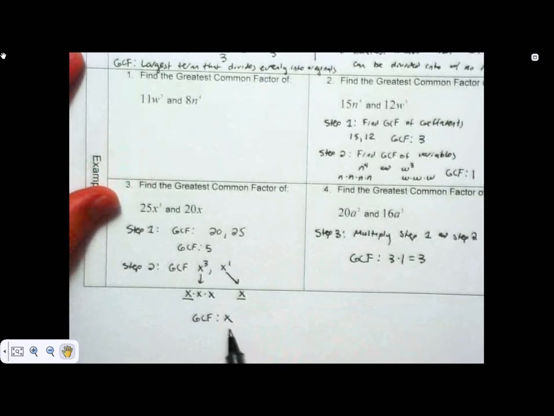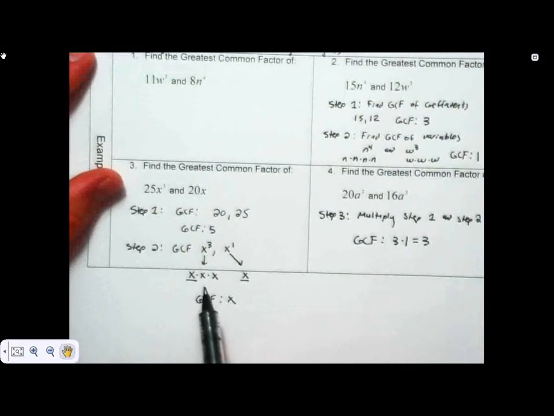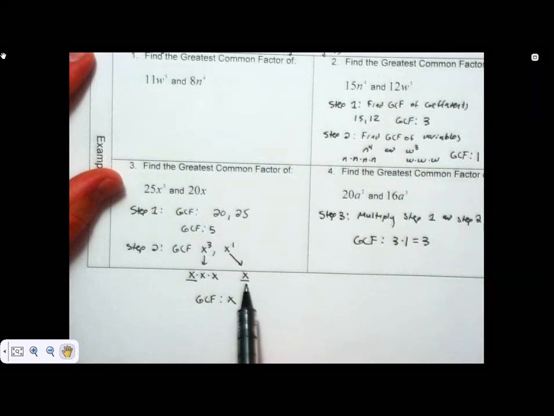I can't do more than 1x because this second guy only has 1x to share. Even though the first one has 3 x's, 3 factors of x, the second guy only really has 1 to share, so I can't exceed that. I can only pull 1x out of both terms.